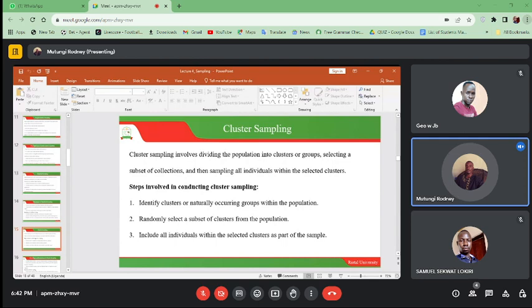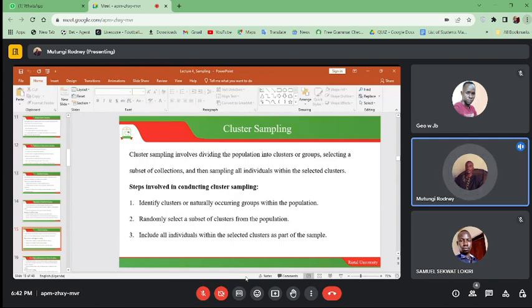So you can say, because they are naturally occurring clusters, there is, for example, street 1, street 2, street 3, street 4, street 5. Okay, those ones are naturally occurring. They are already clustered. Okay, and they have that level of heterogeneity.